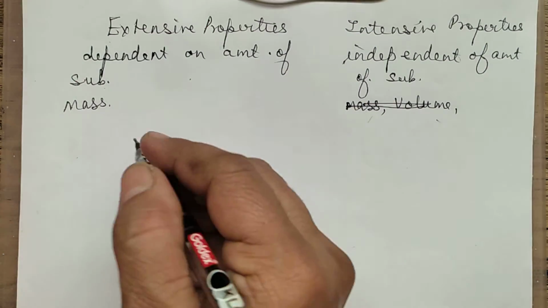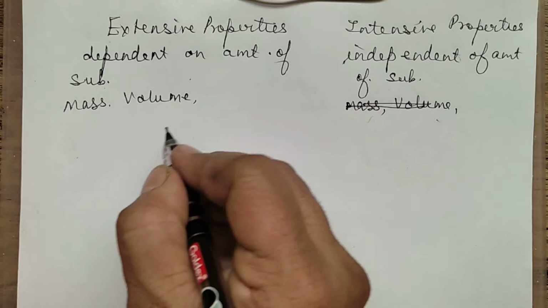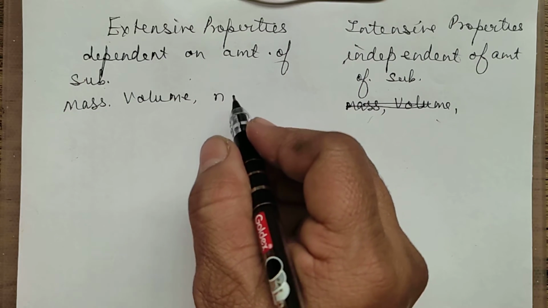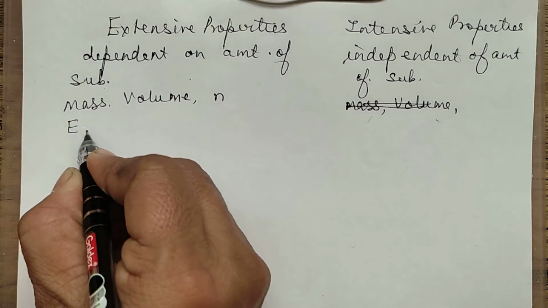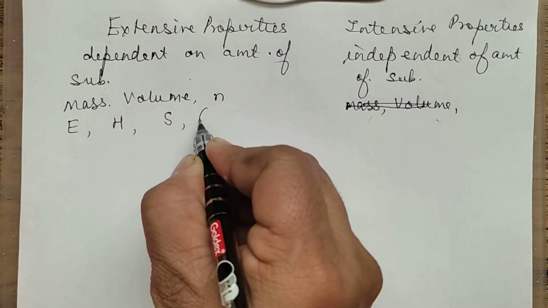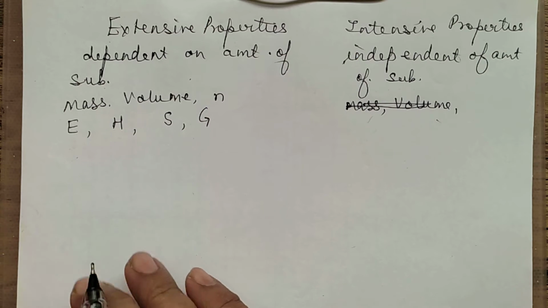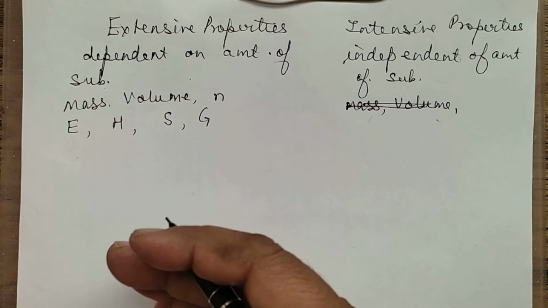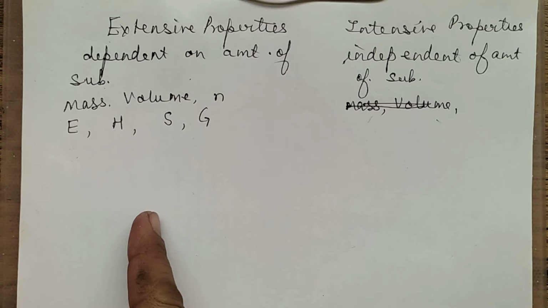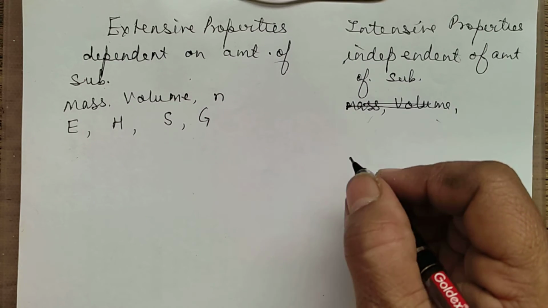You add some more, volume is also increasing. So mass, volume. Then you have number of moles. Mass is increasing, number of moles is also increasing. Then even internal energy is increasing. Enthalpy will be increasing. Entropy will increase. Gibbs energy will increase. They are all increasing with the amount. You add the substance to it, these properties will increase. So they are dependent on the amount, they are said to be extensive properties. Intensive properties are independent. Now for example, you can have density.